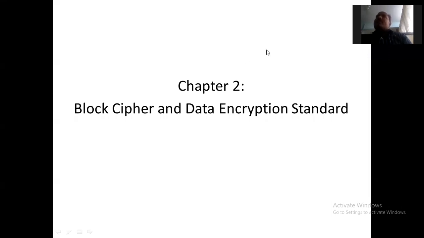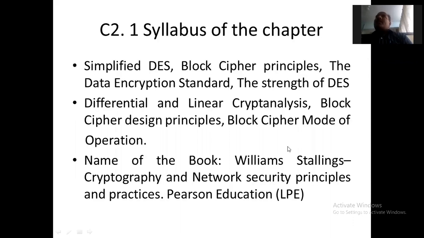So the name of the chapter is Block Cipher and Data Encryption Standard. We have already seen the syllabus of the chapter: Simplified DES, block cipher principles, the Data Encryption Standard, the strength of DES, differential and linear cryptanalysis, block cipher design principles, and block cipher modes of operation.